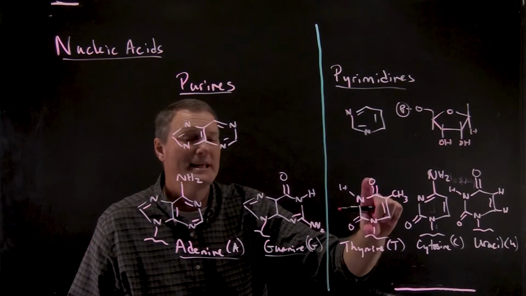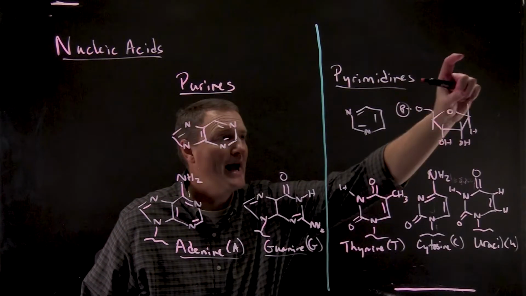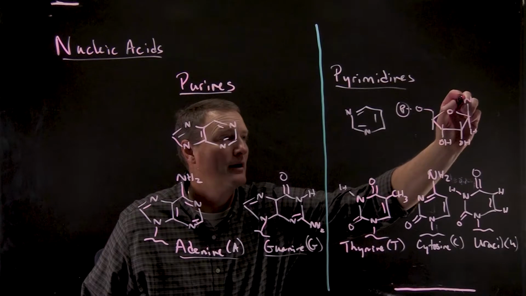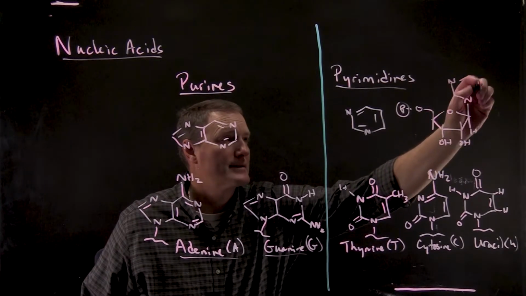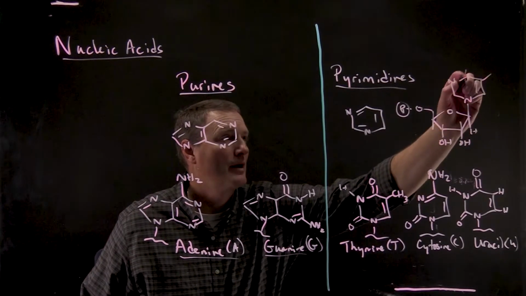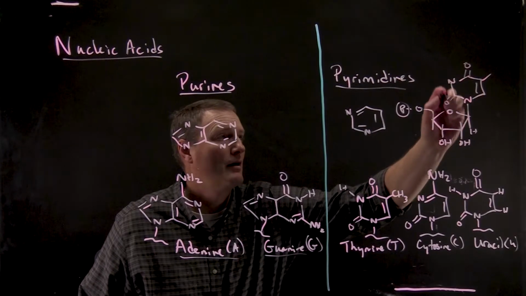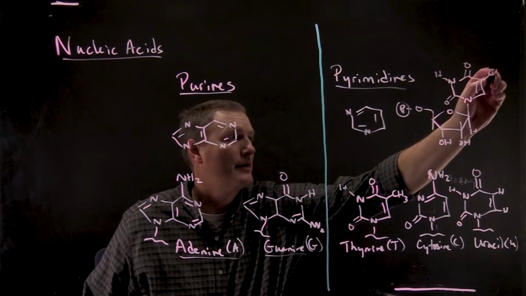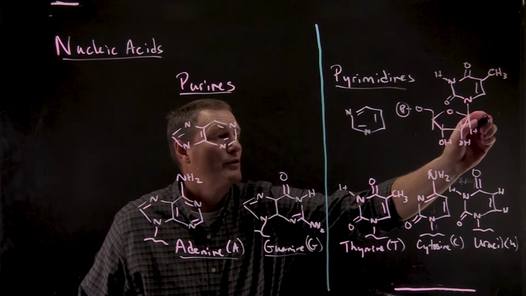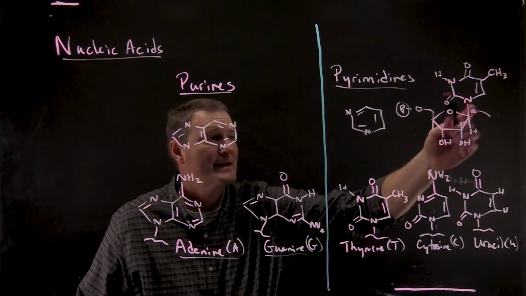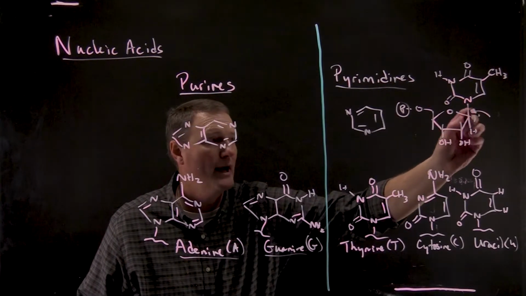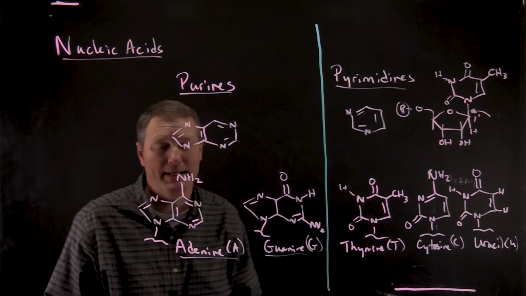So if I wanted to envision taking this thymine now and attaching it to the sugar ring, it would look like this. There's my CH3. So the key bond that's formed, the glycosidic bond to carbon 1', is a CN bond.